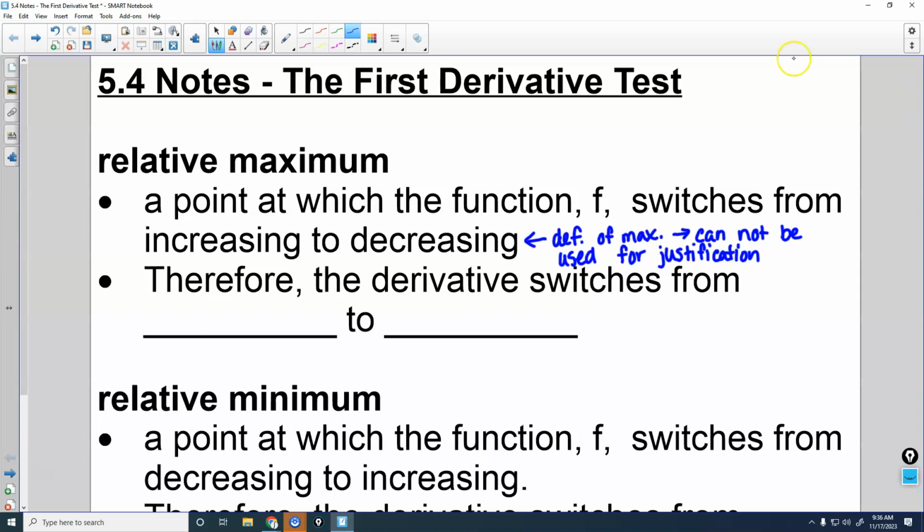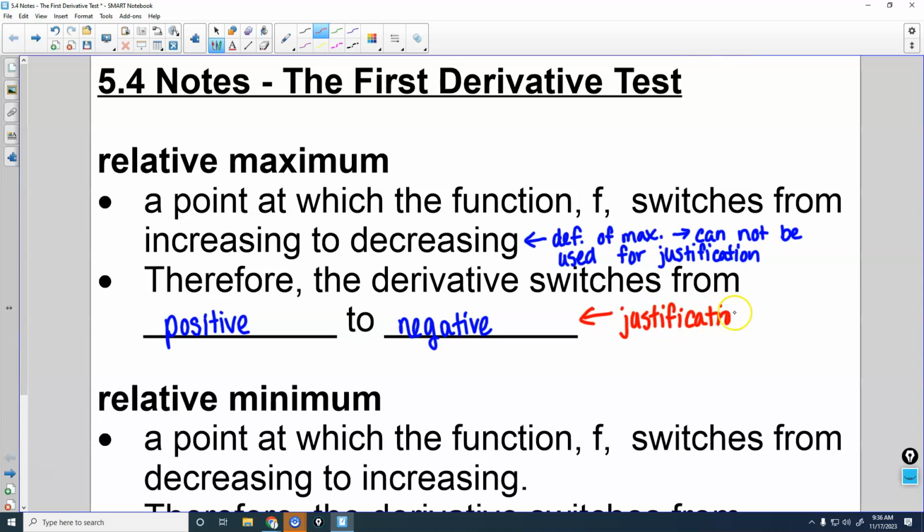So if our function switches from increasing to decreasing, what is going to happen to the derivative? Positive to negative. Okay, this part, that's your justification.